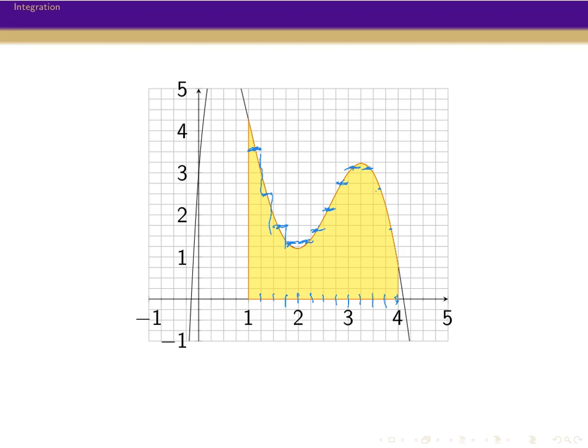And we like rectangles because it's pretty easy to figure out their area, right? Their area is just going to be the width times the height. So if we can figure out the area of each of these rectangles, we add all these little areas together, that's going to give us our estimate for the total area.